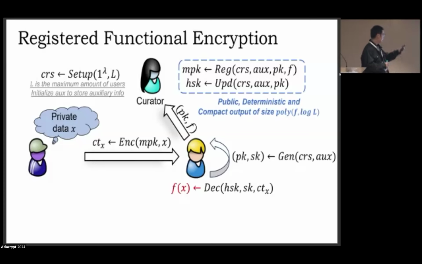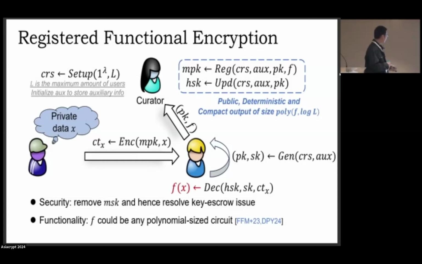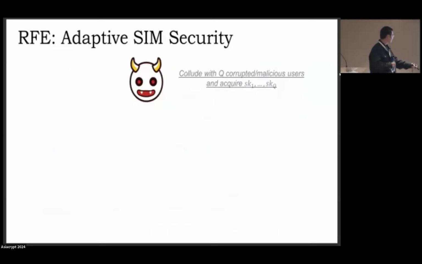We note that this registration process is fully public and deterministic, and the outputs of these algorithms are compact, just polynomial in the size of the function and log L. So with RFE, we managed to remove MSK and hence resolve the key escrow issue. And we also hope this function can be represented as any polynomial size circuit.